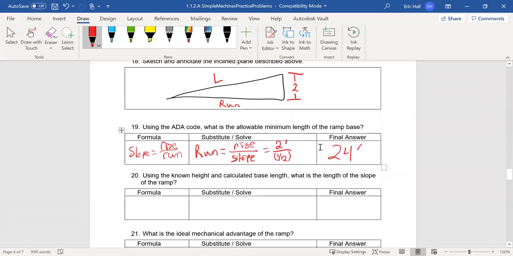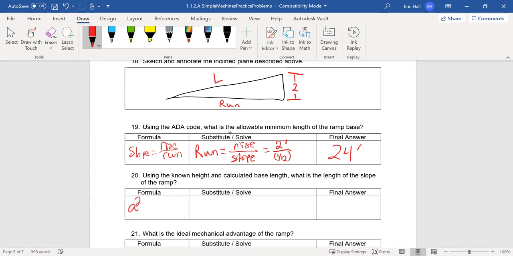Now that I know the base, they want me to know the length of the slope of the ramp. Well, from my notes, hopefully you remember that if I have a triangle and I need to figure out the length of the slope, that should trigger something: a squared plus b squared equals c squared. It should be just ingrained in your head, Pythagorean theorem.